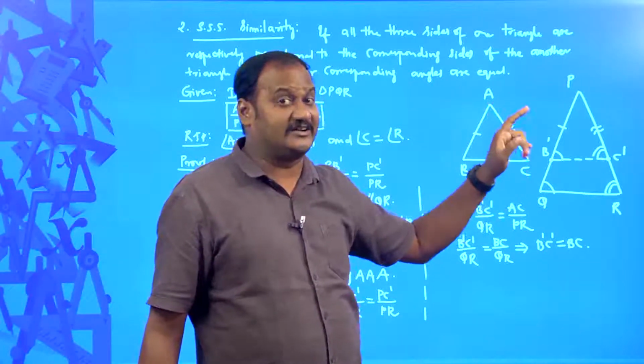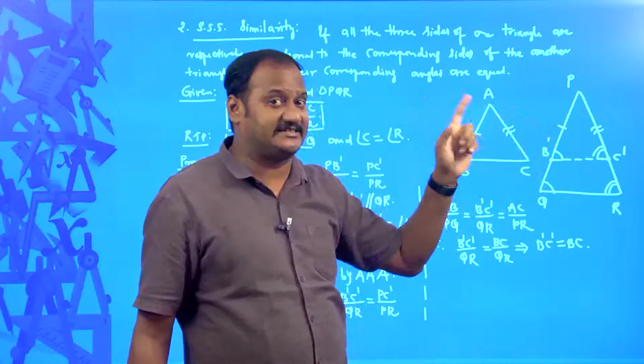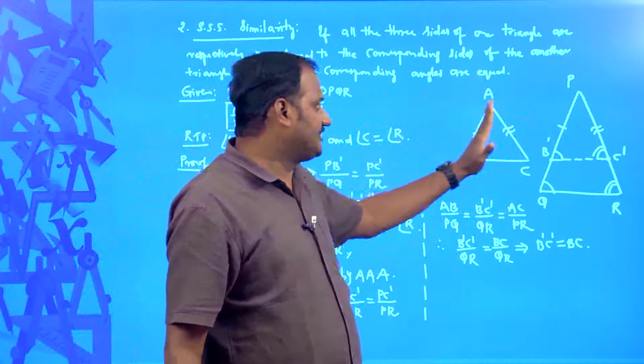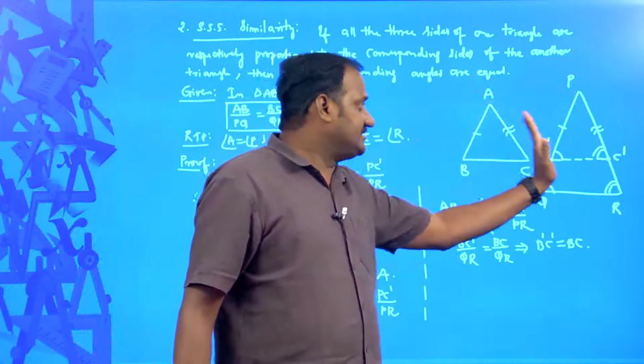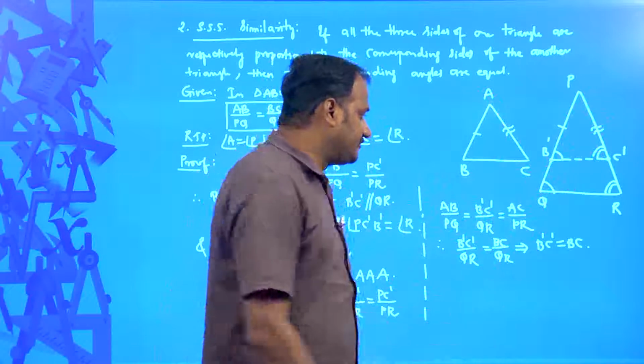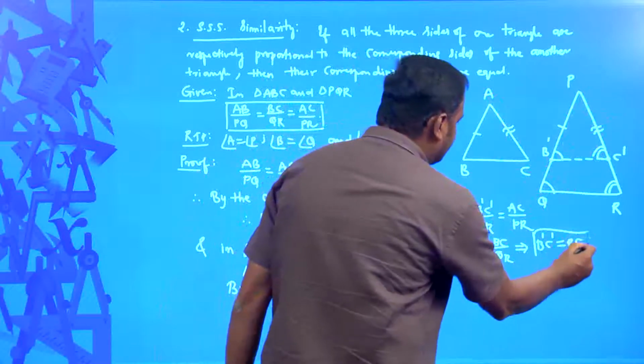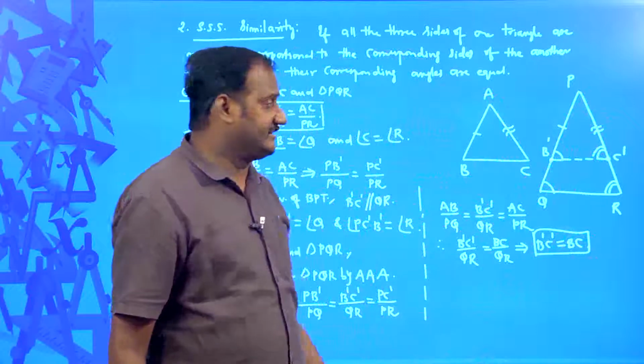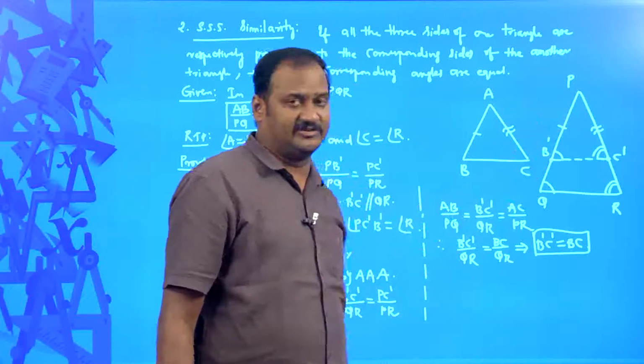Those two triangles are congruent by SSS congruence. You know why? According to construction, AB is equal to PB' and AC is equal to PC'. Just now we proved that B'C' is equal to BC, means this side equal to this side. So by SSS congruence, this triangle and this triangle both are congruent.